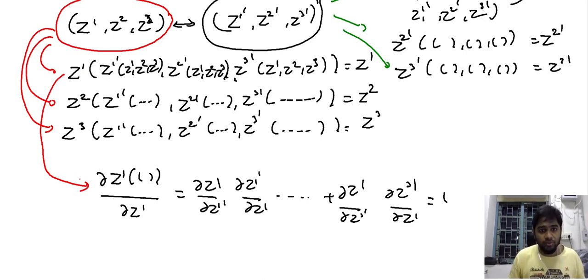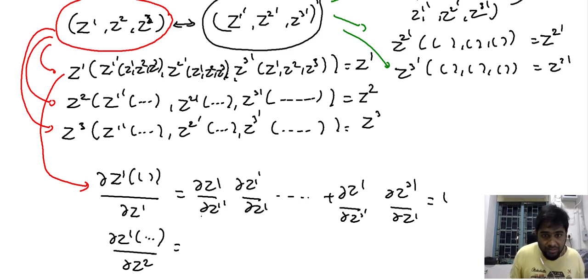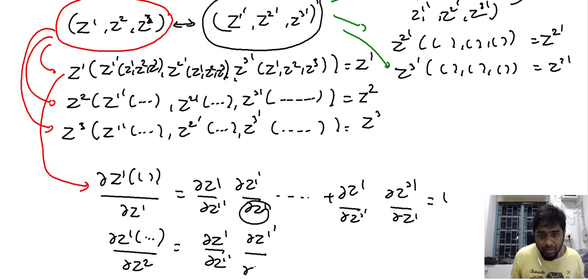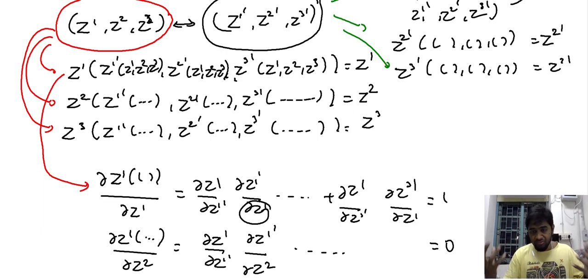Now it is possible for us to estimate the partial derivative of z1, which is again a function of a function, with respect to z2. In order to do that, we have to consider a similar expression, only that this term will be replaced by z2 and all the rest will remain the same, z1, z1 prime, z1 prime and z2, and this will lead to a rate tensor which is 0.